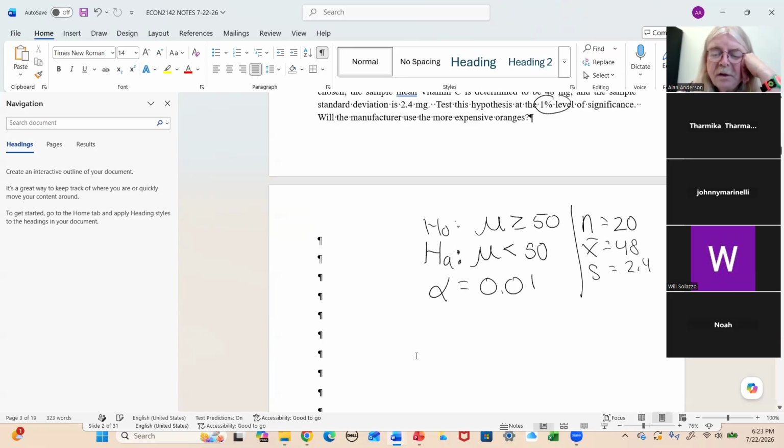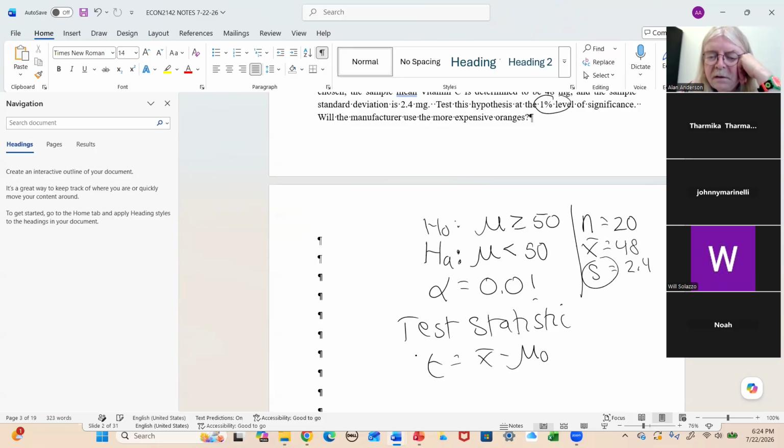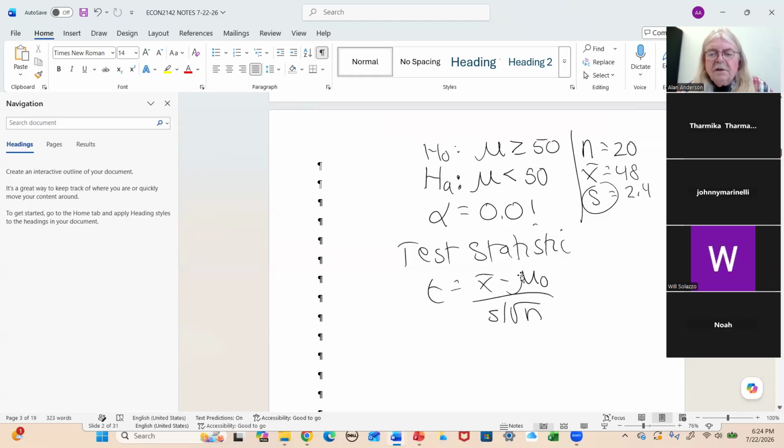So that is how we determine our test statistic and our critical values, knowing S instead of sigma. Okay, so we plug these in. And let's see what we get.